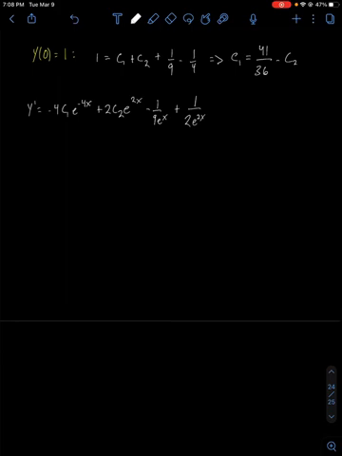So now let's plug in C1 here. It is going to be minus 4 times C1, which is 41 over 36, minus C2, e to the minus 4x, plus 2 C2, e to the 2x, minus 1 over 9 e to the x, plus 1/2 e to the 2x.